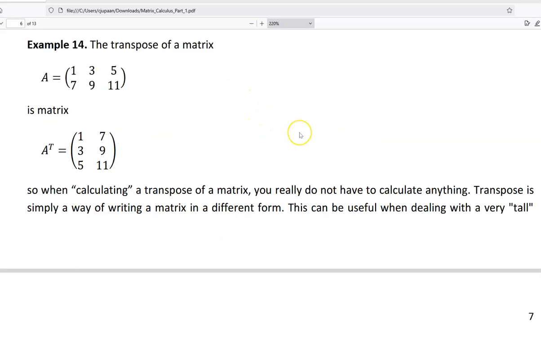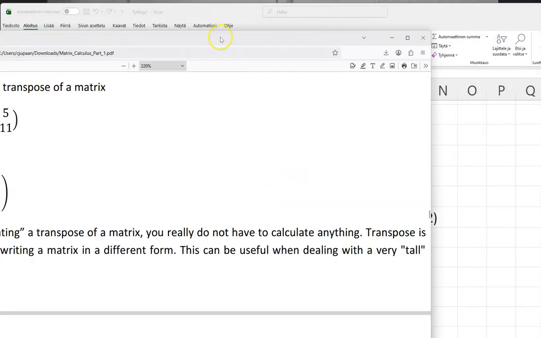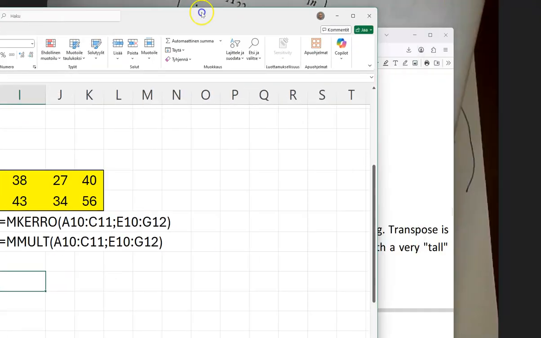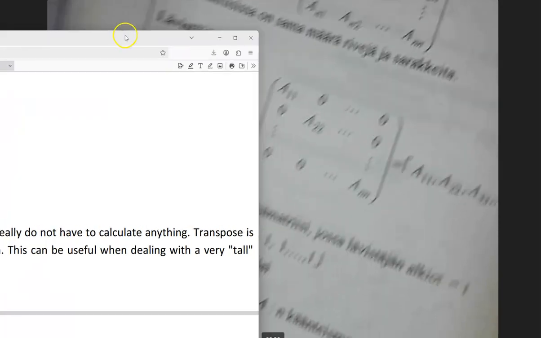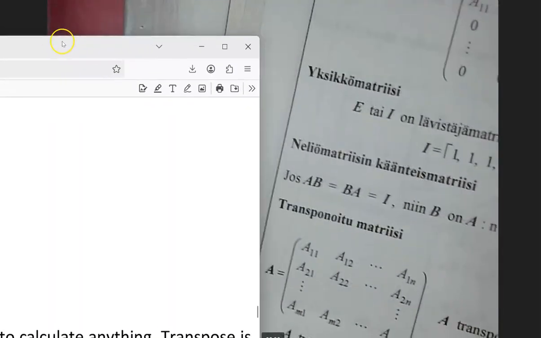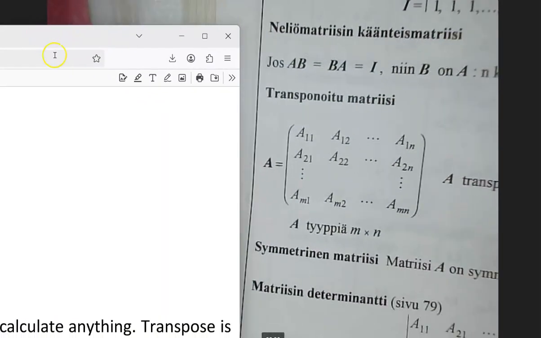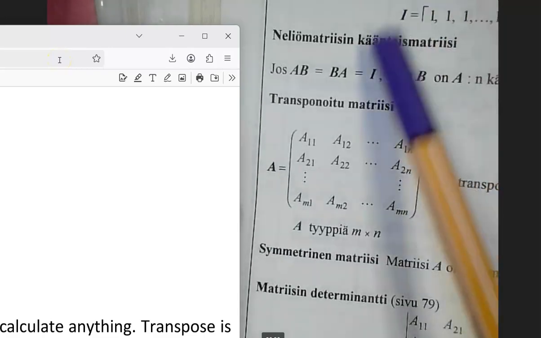So, for example, if we need to create a transpose of a matrix, in Finnish it is almost the same as in English. I will show the formula book again. Let's take the Excel away. Here we have this so-called transponoitu matriisi.